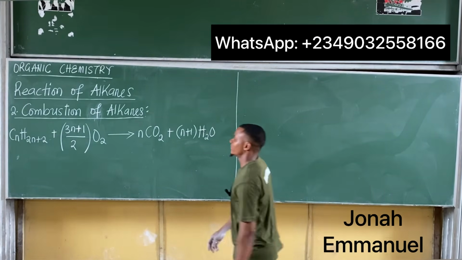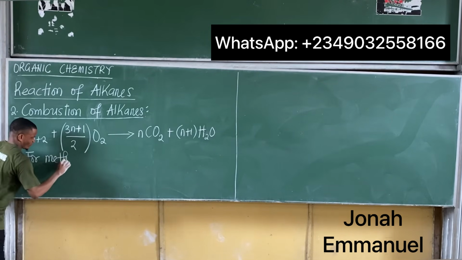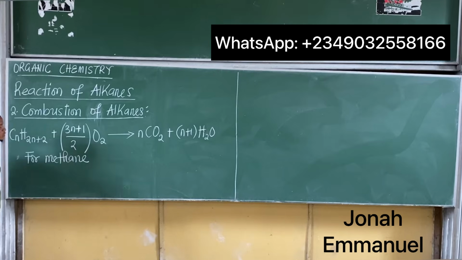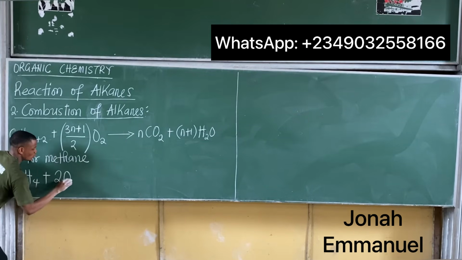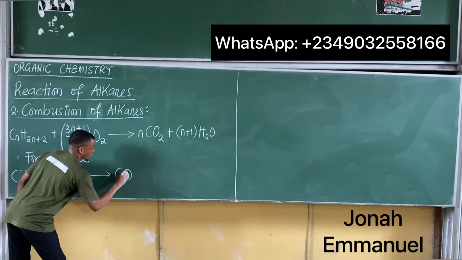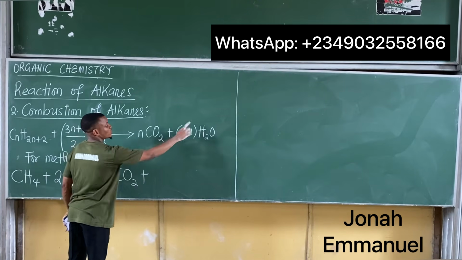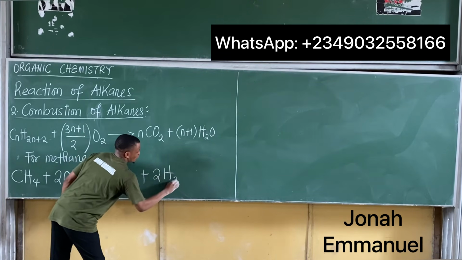Let's use methane. For methane, carbon is 1. So it becomes C1 or C, H into 2 times 1, 2, plus 2, 4, plus 2; you said n is 1, 3 times 1, 3, plus 1, 4, divided by 2, 2, O2, to give you n is 1, 1 times CO2, plus n plus 1, that's methane, 1 plus 1, 2, so plus 2 H2O.